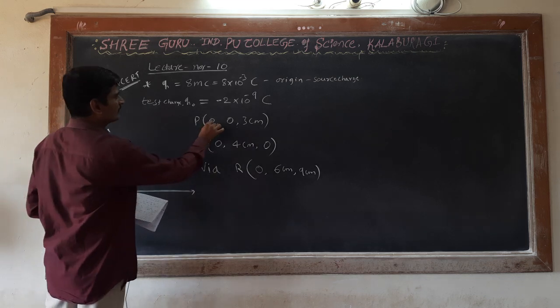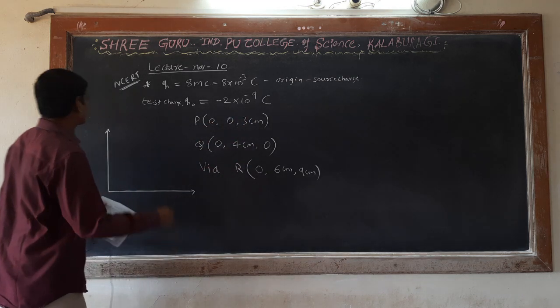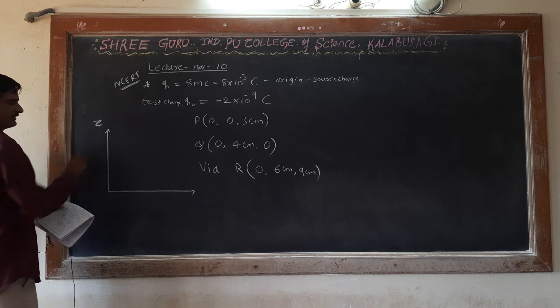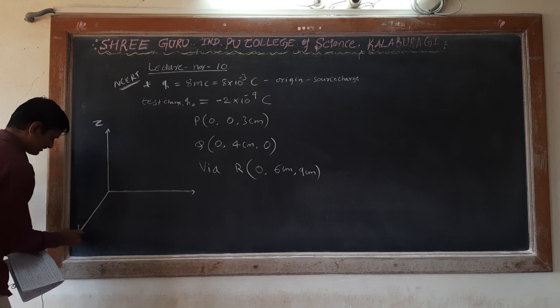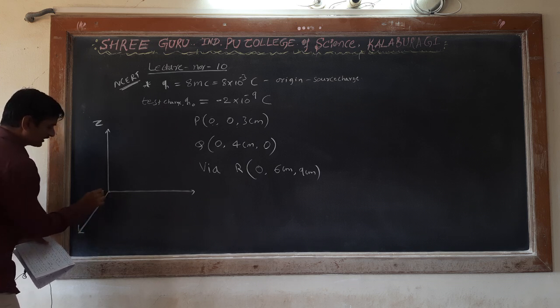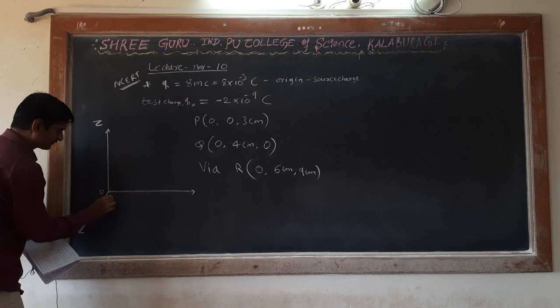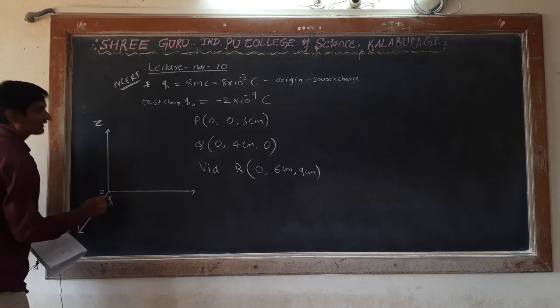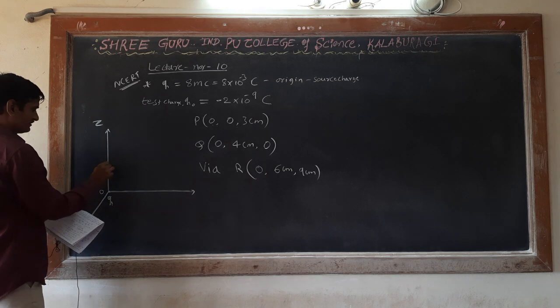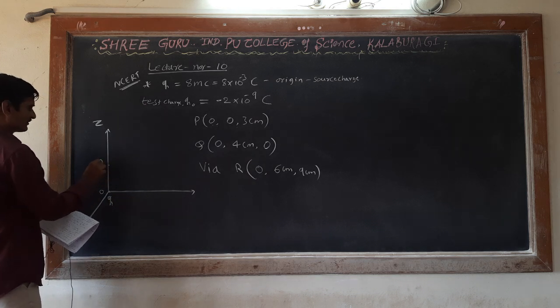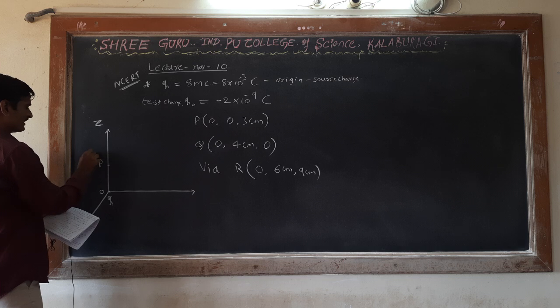So this is on Z axis. I will draw this Z axis. This is origin. So at the origin charge Q is placed. And now 3 centimeter, so this is the point P having the coordinates 0, 0, 3 centimeter.